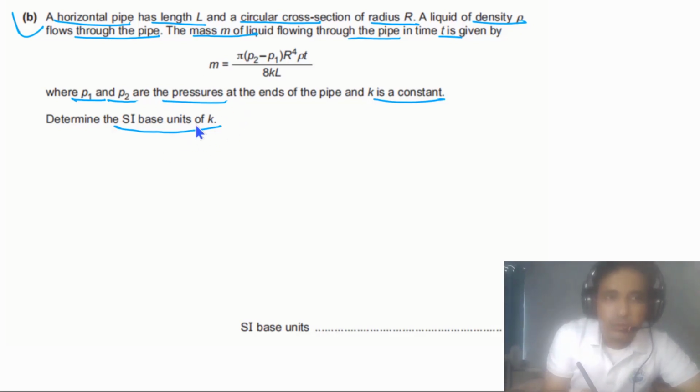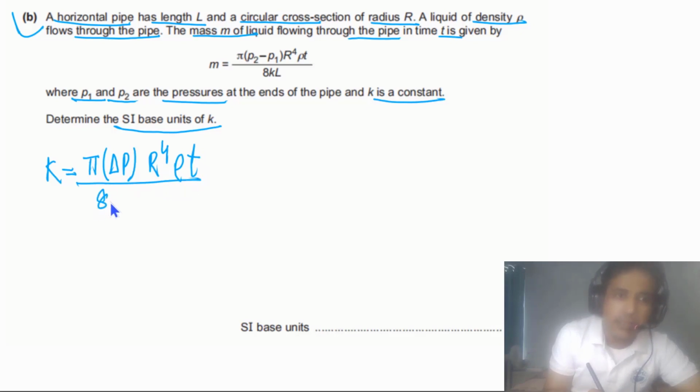For this question we need to determine the units of K, so we can make K the subject. We can write pi, then P2 minus P1, which is delta P, then R to the power of 4, then rho, then t, divided by 8 m L. Now if you look at SI base units, pi is a constant and has no units. 8 also is a number, so it also has no units.